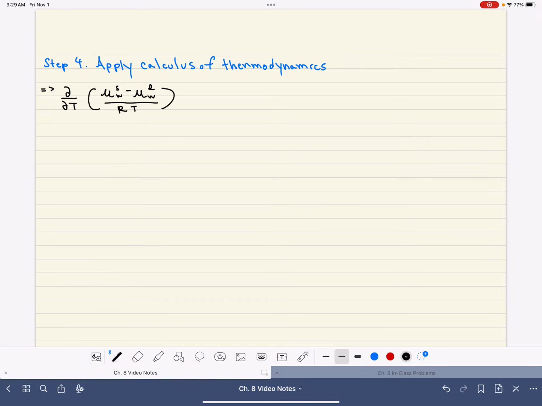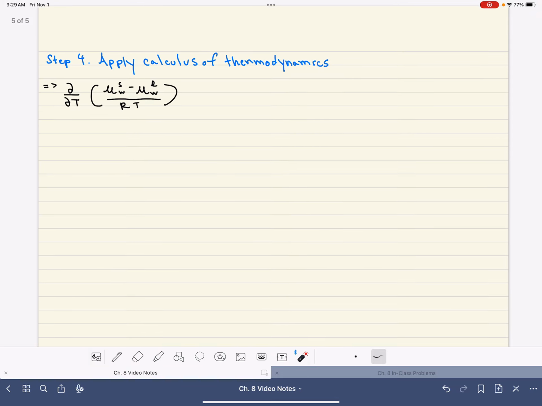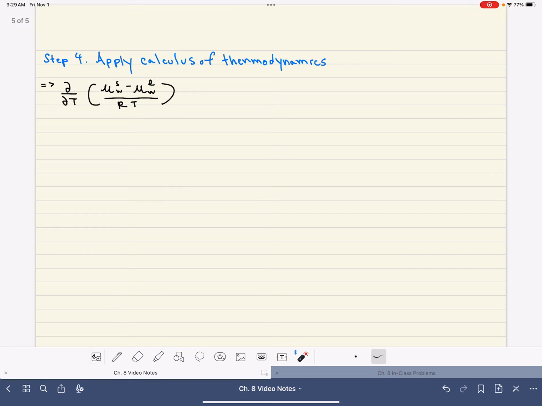We could pull out the gas constant from the expression, and what we'll do is distribute across the derivative.